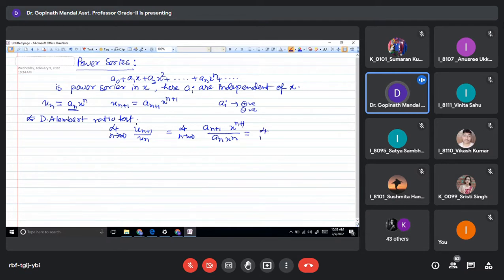That means this is x. Now take an plus 1 by an is equal to k. So this is a constant actually. So this will be k into x.